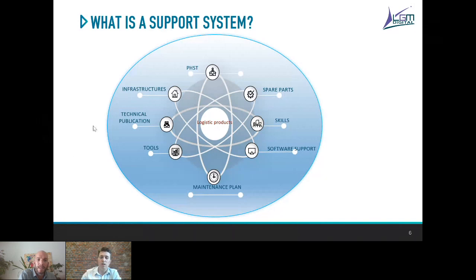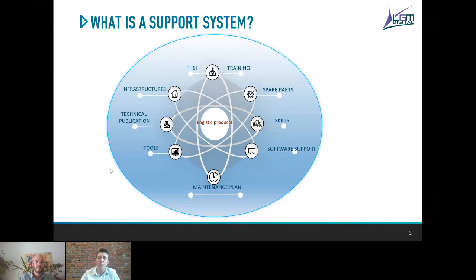And the last item is the training one. So, as Christophe explained, when there is a need to develop support products, the training is one of the components of this integrated logistics support.